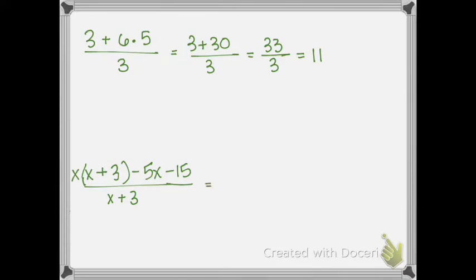Take a look at this bottom one. I might be tempted to cancel out the x plus 3's, but the x plus 3 is not a factor because the entire numerator is not multiplication. It's only a factor once we've turned it into a multiplication problem. So let's first distribute that x through.